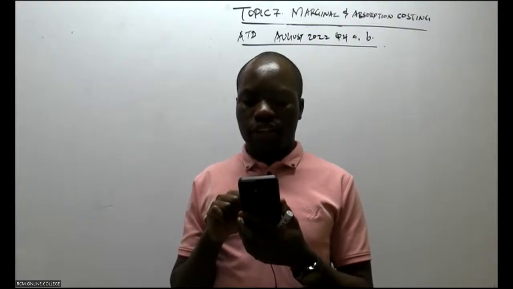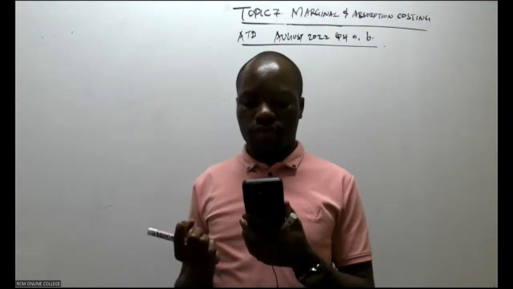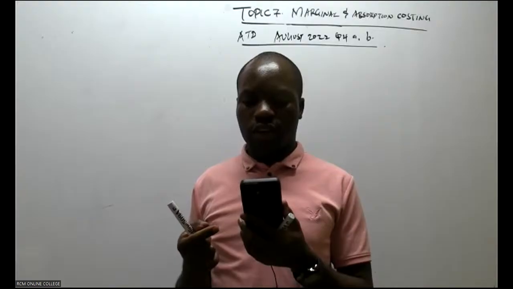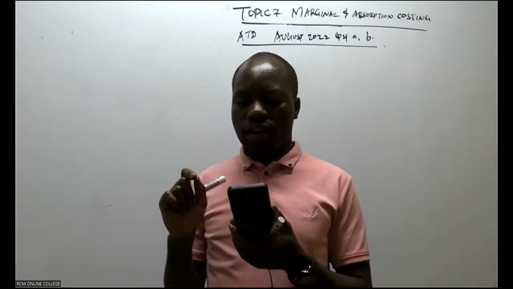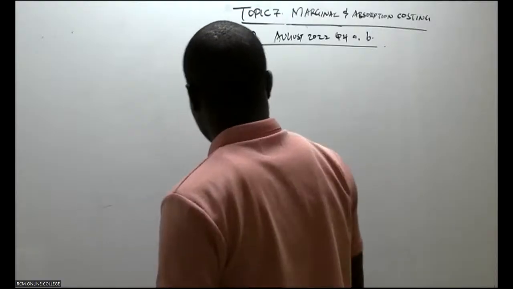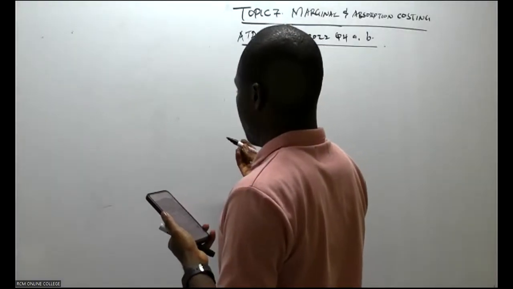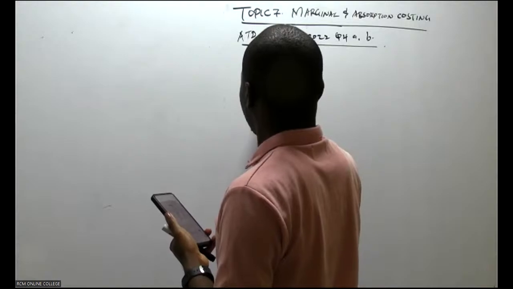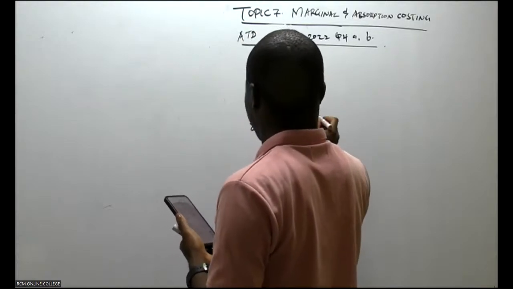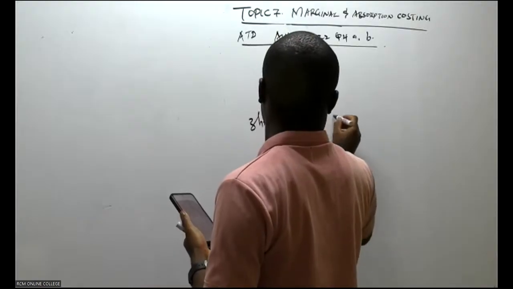The budgeted production cost per unit is as follows: direct labor, direct material, fixed production overhead. Now, for you to interpret the cost given there per unit, for direct labor, we have 3 hours at shillings 6 per hour.